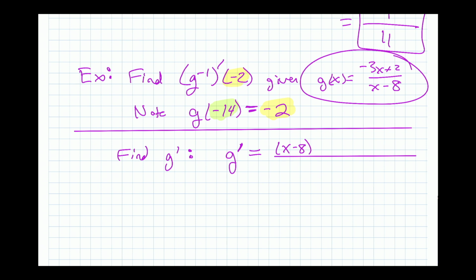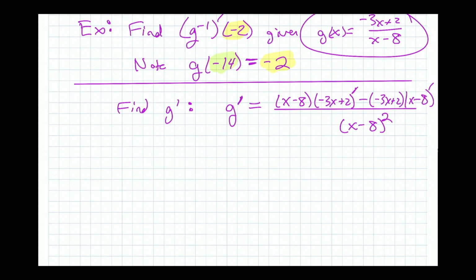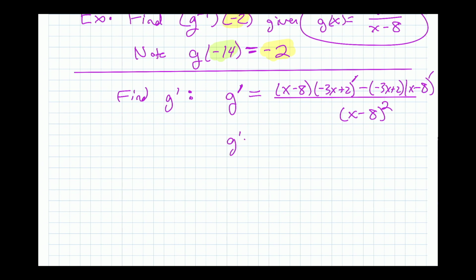The bottom function times the derivative of the top function minus top function times the derivative of the bottom function, all over bottom function squared. Now those derivatives are actually pretty easy though. So, what's this derivative? That derivative's just going to be minus 3, isn't it?